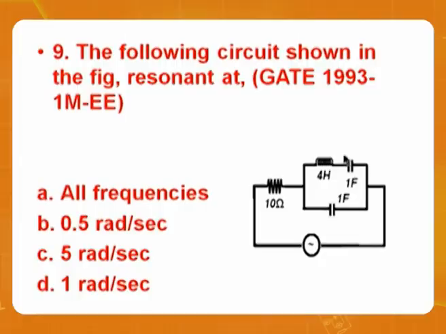Shall we do that? Let's see. I'll help you see this: j omega L, 1 by j omega C, 1 by j omega C. Take the parallel of this: 1 by j omega C in parallel with j omega L plus 1 by j omega C, all put together in series with 10.